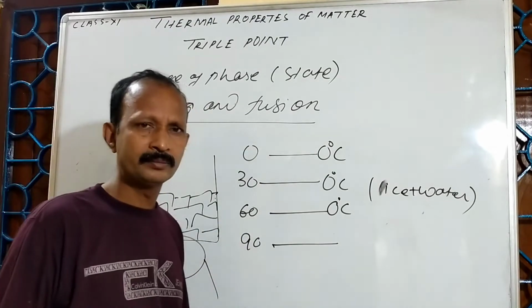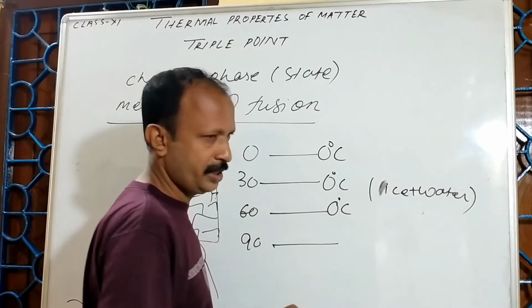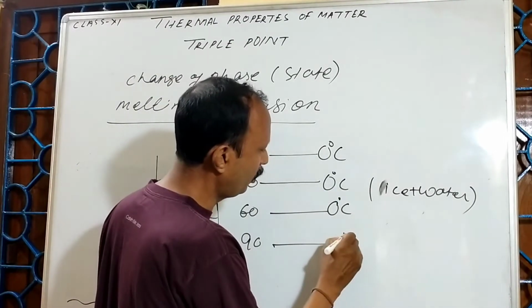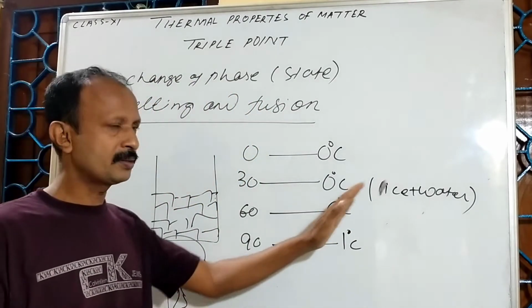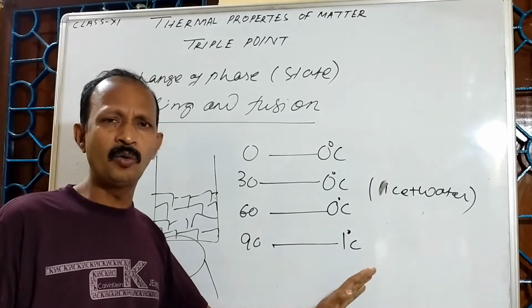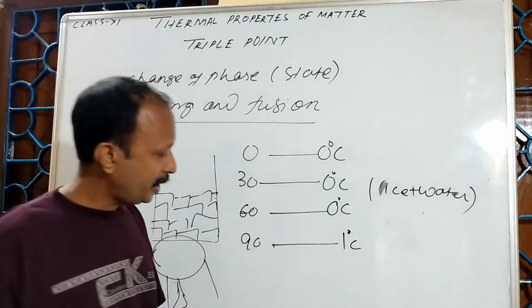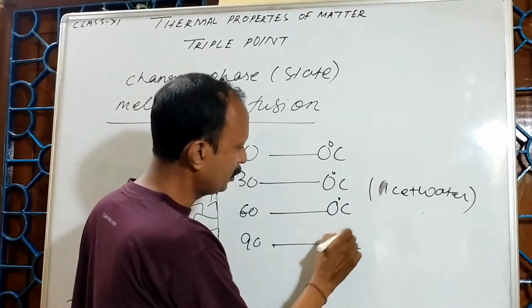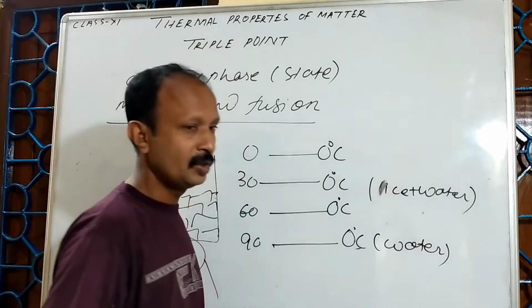That time its temperature is suppose 1 degree Celsius. That time you will not observe the ice, you will find the water only. Or you can say one stage comes where it is 0 degree Celsius but complete water is there.